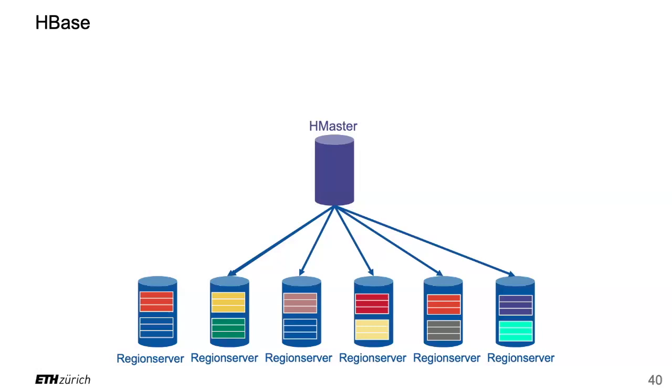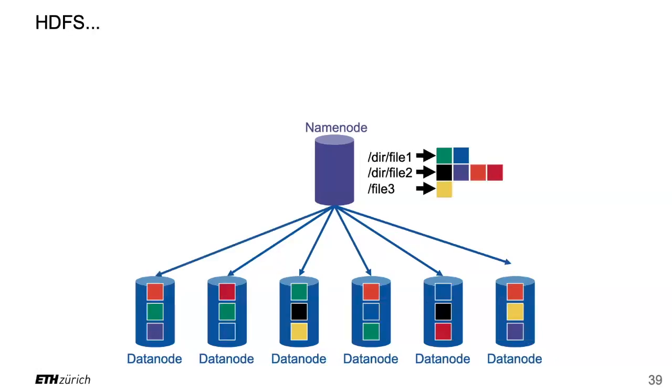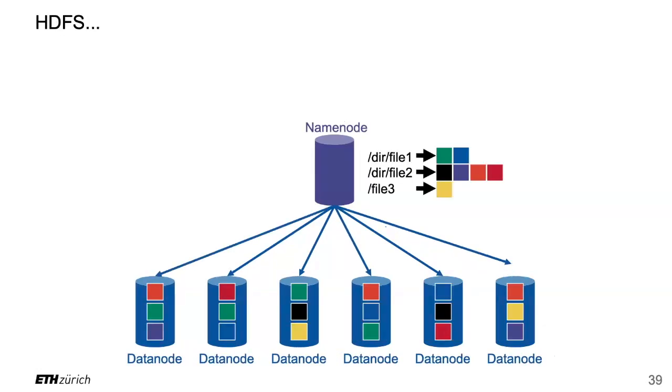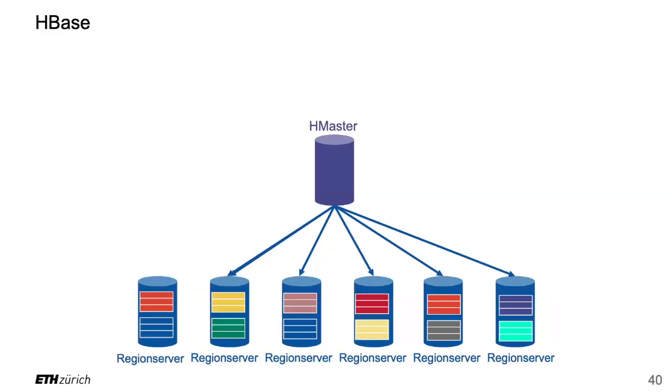And we're going to have region servers that are running on the same machines as the data nodes. So it's very common. Do we have a question? I saw raised hands. So we have the region server processes on exactly the same machines as the data nodes. You will soon understand why. And typically the HMaster runs on the same machine as the name node.